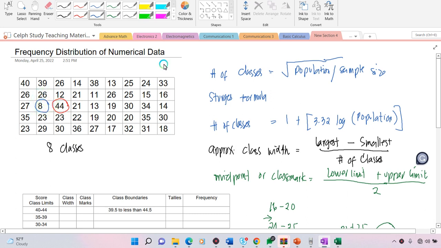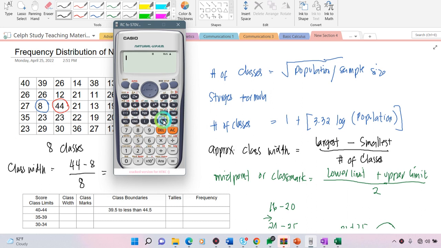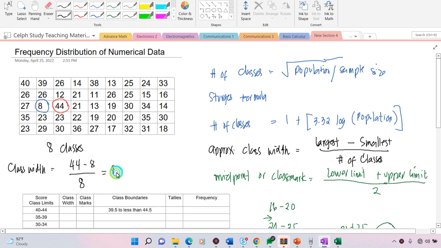So the class width is 44 minus 8 divided by 8 classes. That is equal to 4.5. It is difficult to work with a decimal point, although it is possible, so it is easier if we approximate this to 5 to make it easier to set the lower and upper limits.